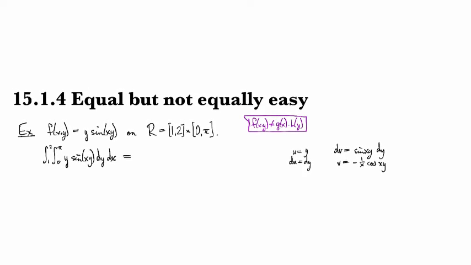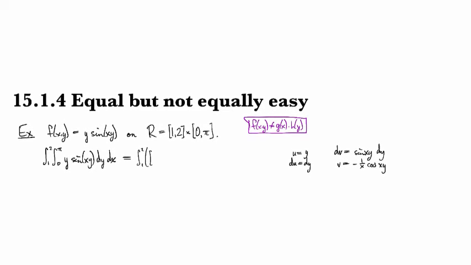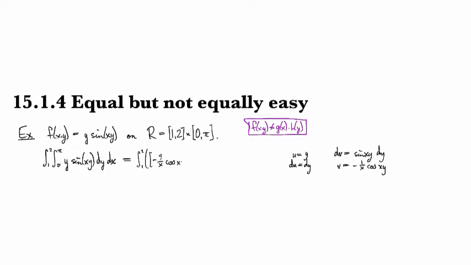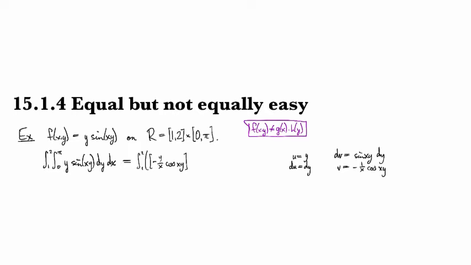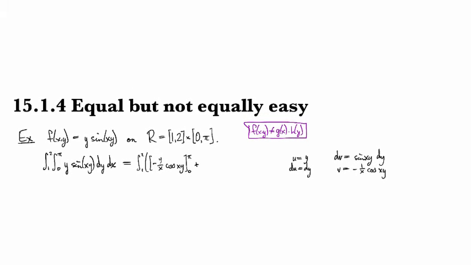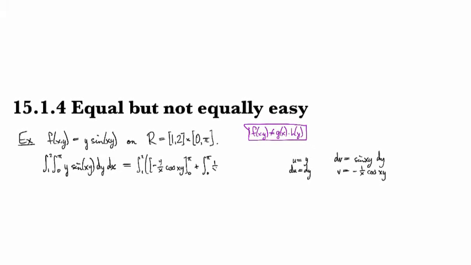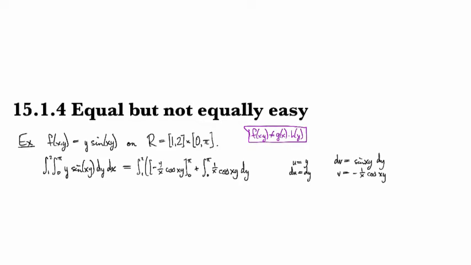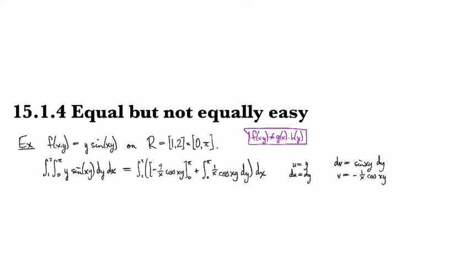So this integral becomes the integral from 1 to 2 of minus y over x cosine xy evaluated from 0 to pi, plus the integral from 0 to pi of 1 over x cosine xy dy, and that whole business is then integrated with respect to x.